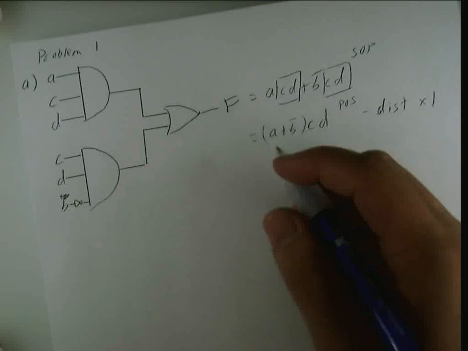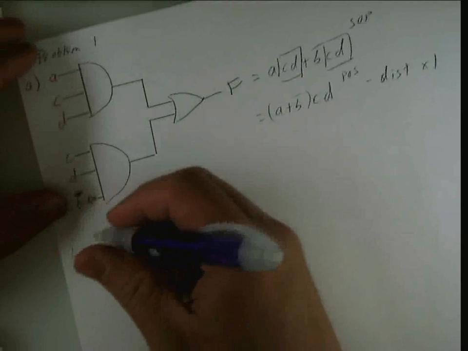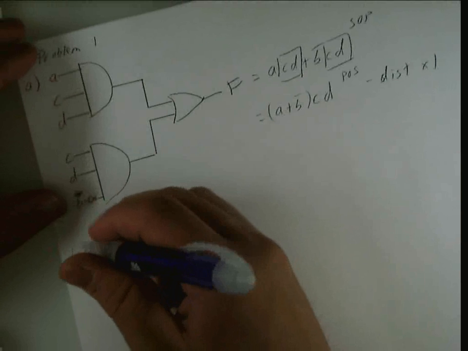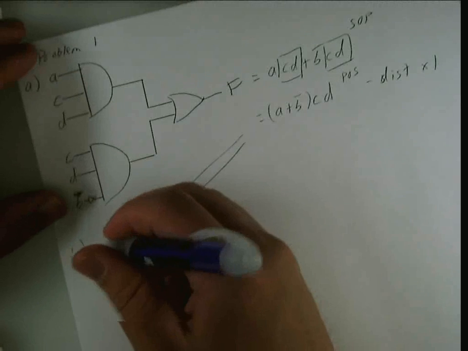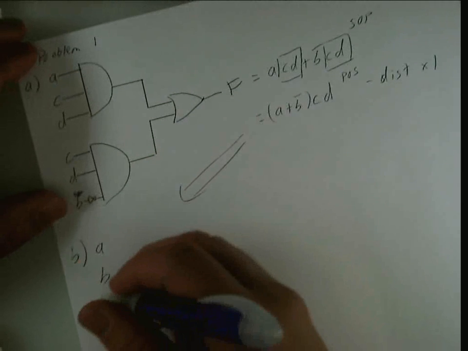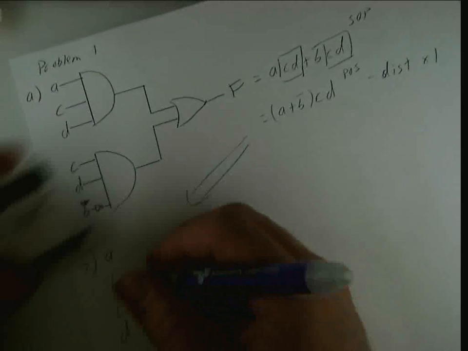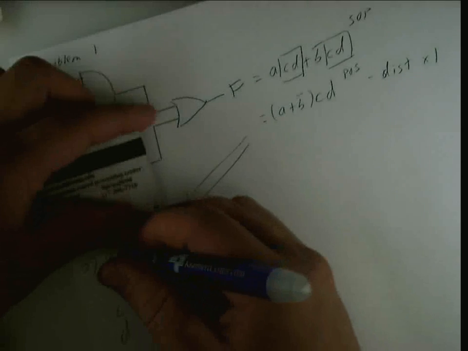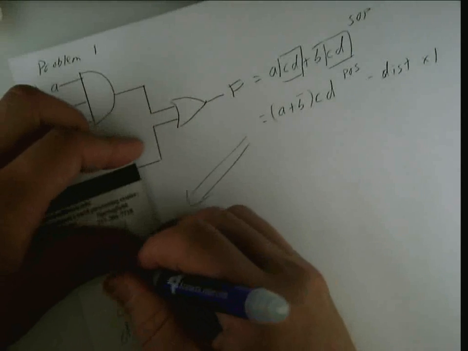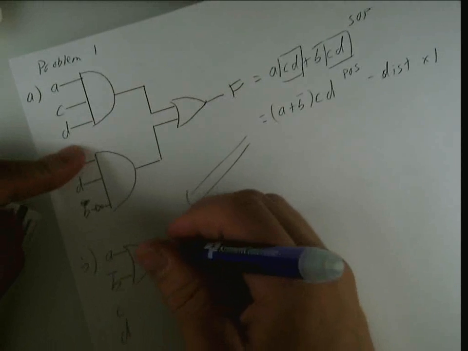So I'm going to do that first. We're going to do a two-level OR AND circuit. So this is equal to A, B, and C, D. This is not our final circuit, so I'm just going to put the complement there. And we'll have our OR circuit for that.